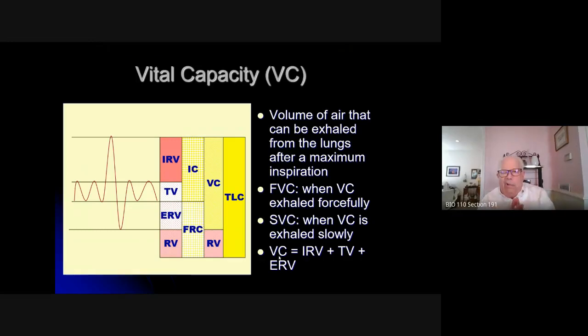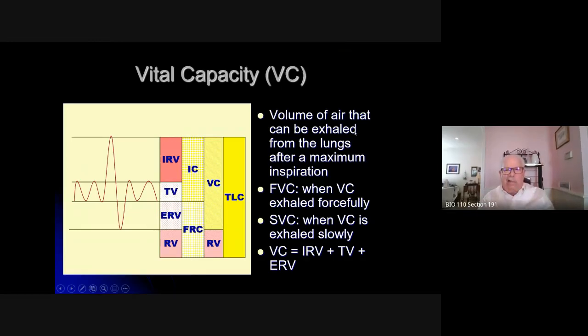Now we get into the capacities. We're now taking volumes and adding them together. So what is the VC, the vital capacity? It is the volume of air that can be exhaled from the lungs at a maximum inspiration. Take a deep breath. Now blow it all out.